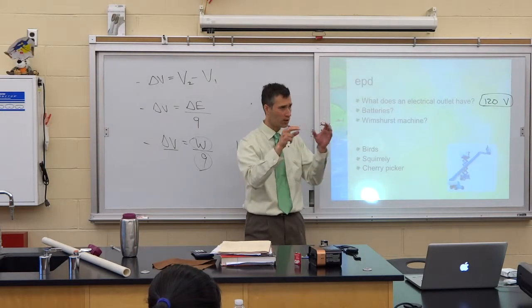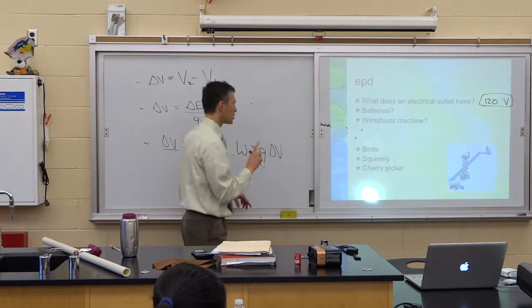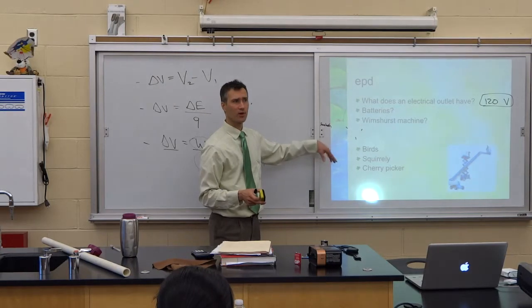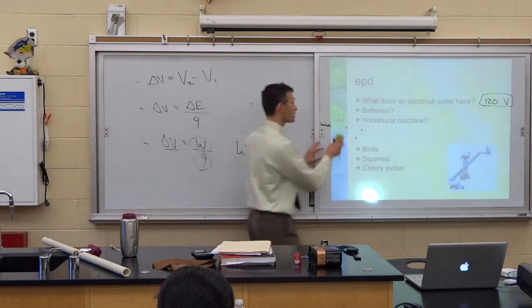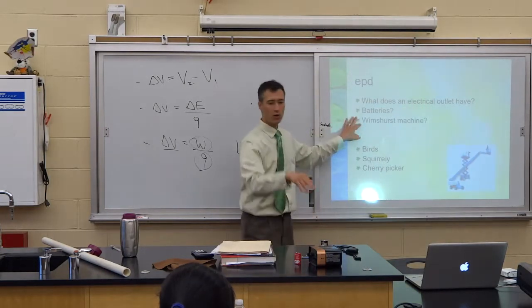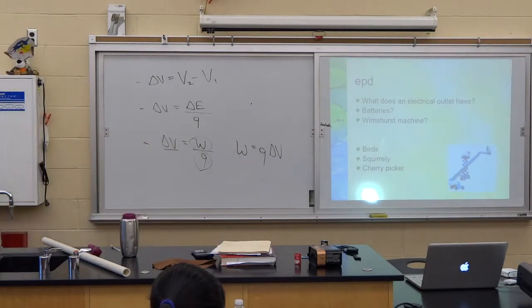They're like circular, and the little prongs are kind of arranged in a triangle. Your refrigerator is probably plugged into one of those, but it's behind the refrigerator, you never see it. But 120 volts is a standard outlet. We already said the batteries are on the order of 1 to 9 volts. The Wimshurst machine, we're probably talking tens of thousands of volts in order to get the lightning that we got the other day.